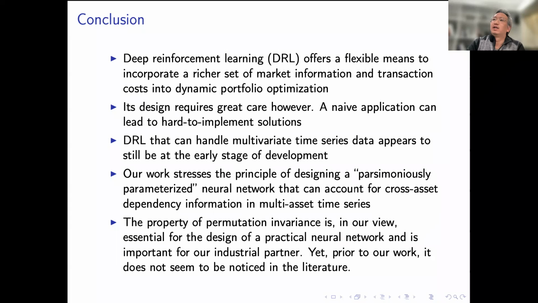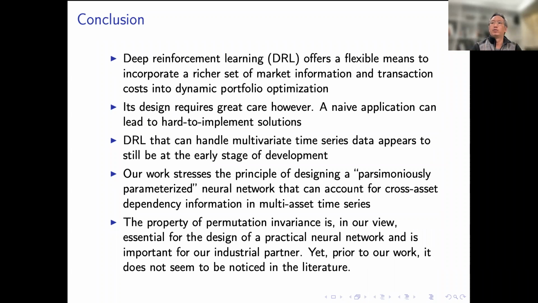So in summary, what I just presented to you is one of our attempts to borrow one of the latest deep neural network architectures, but then we came across this issue that the network can be sensitive to the way the data is inputted, and we figured out a way to redesign the kernel, as it's called in the convolution network, so that it satisfies this permutation invariance property.